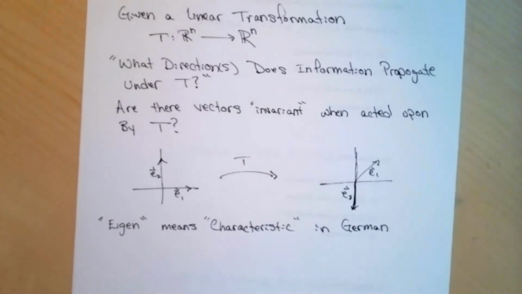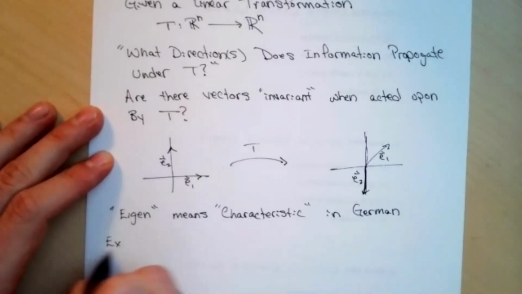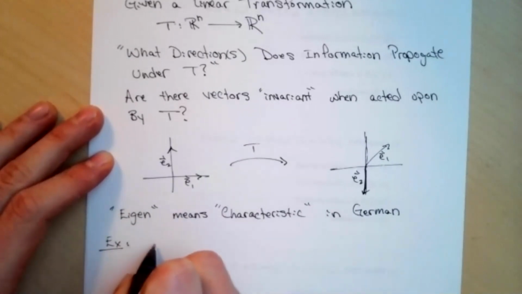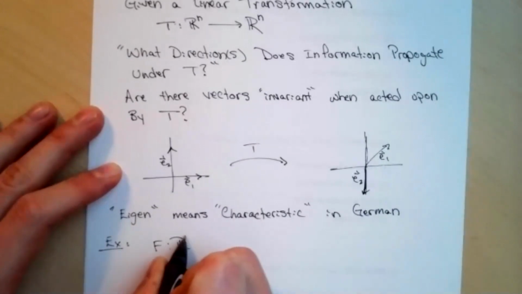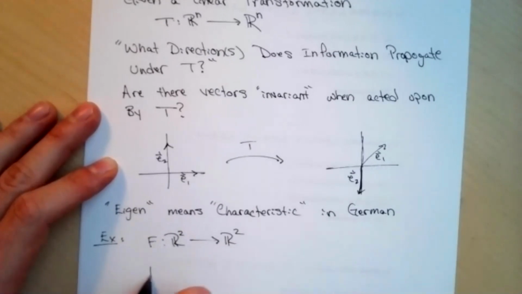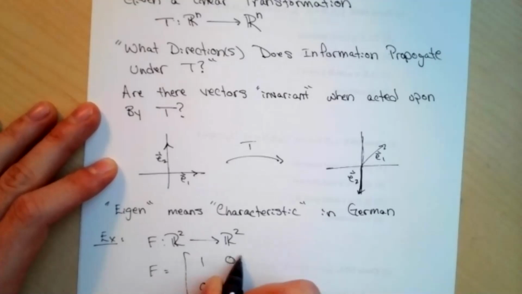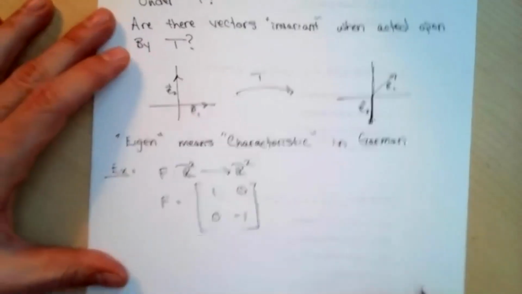So in some sense, let's give an example. Let's say we know our linear transformation from R2 to R2, where our F is just a flip. So what is this guy doing?